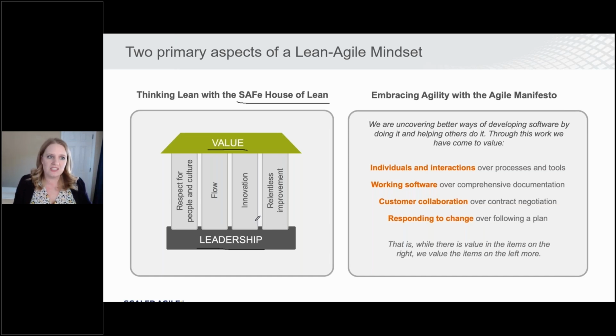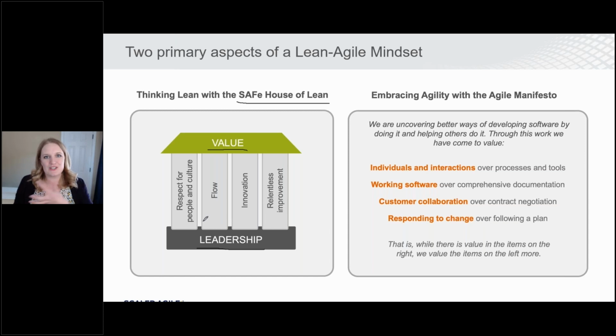Leaders that understand these principles and practices of lean thinking and team agility so that they can model the right behavior, so that they can speak the language, so that they can help guide their teams to organizational agility. Our pillars here: respect for people and culture, straightforward as it sounds.